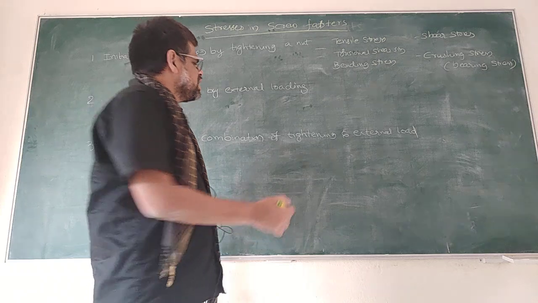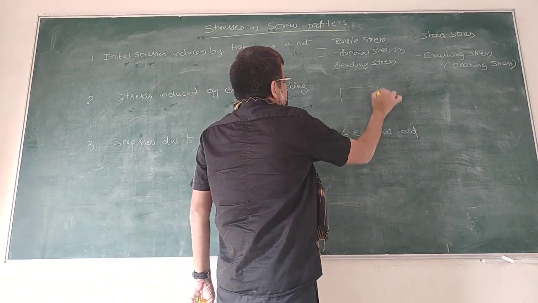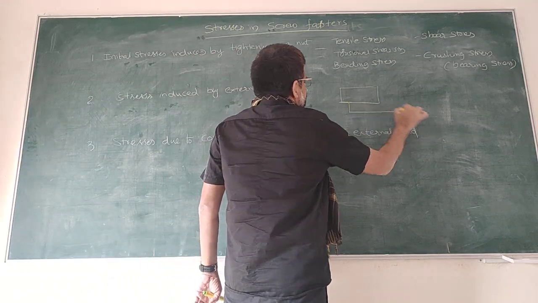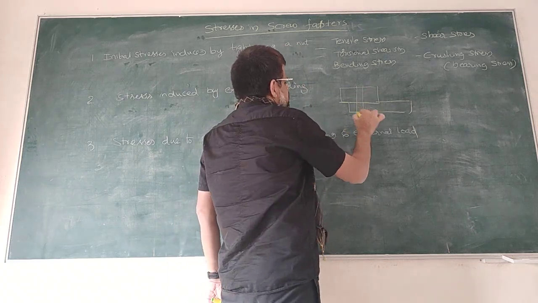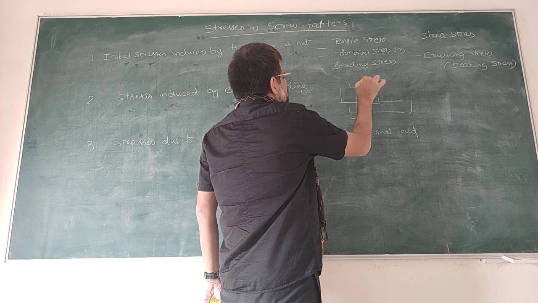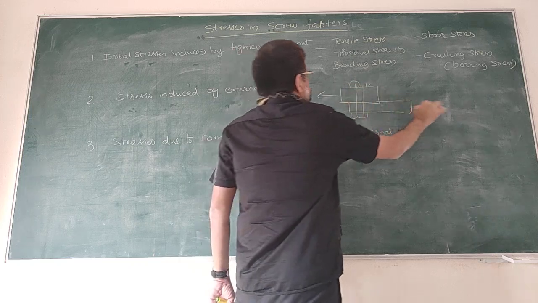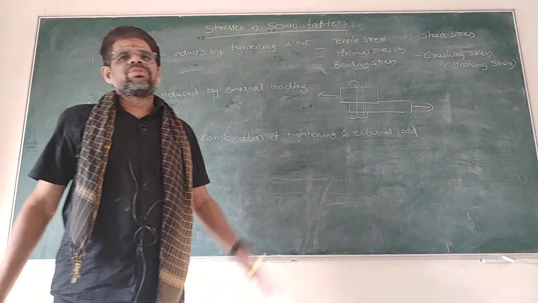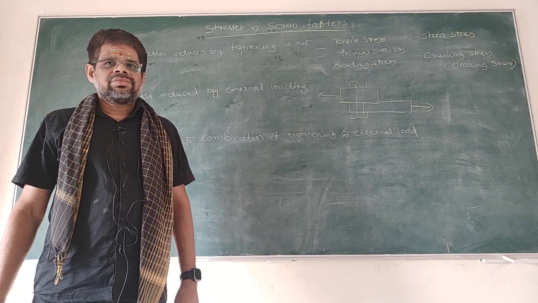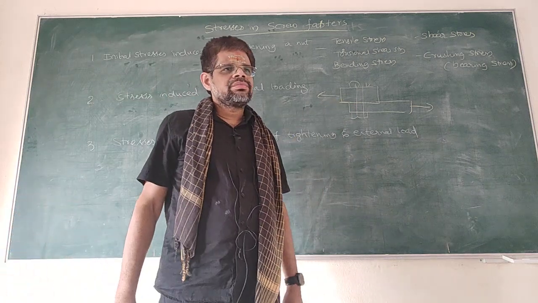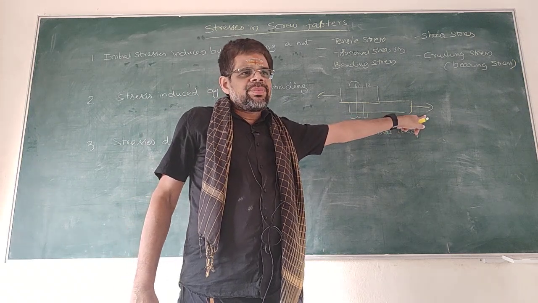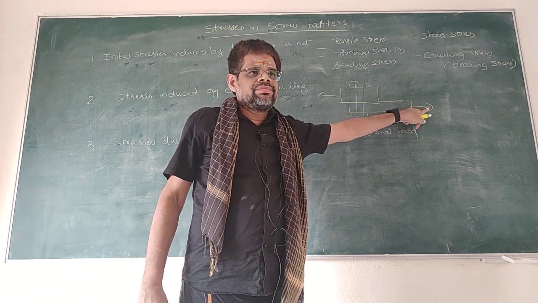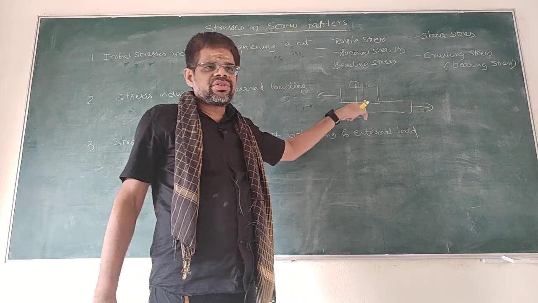Here, both of these pieces have been joined like this, and now they are joined by using some bolt and nut arrangement. Now they are subjected to some loading. So in such cases, what happens? The load is applied externally, due to which this may fail due to shear.